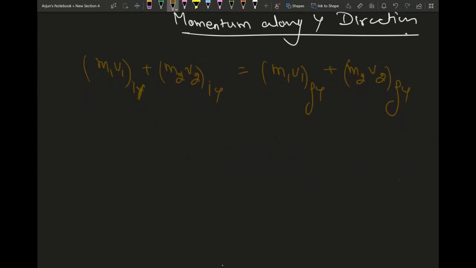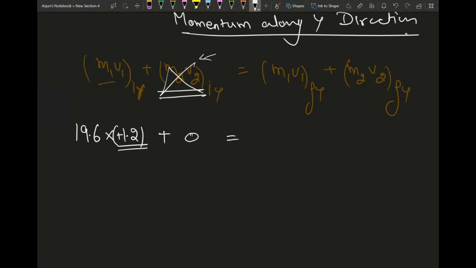And the mass of the curling stone is 19.6. 19.6 multiplied by, it is moving with 1.2 meters per second, and this is positive because this is moving in the north direction, plus m2v2, which is equal to, well, in this case m2v2 will be 0 because it is stationary initially, and then m1v1 final, which is 19.6, and v1 final value will be 1.17 sine of 78 degrees.